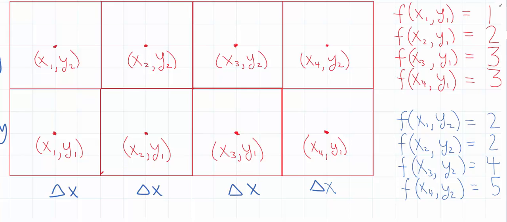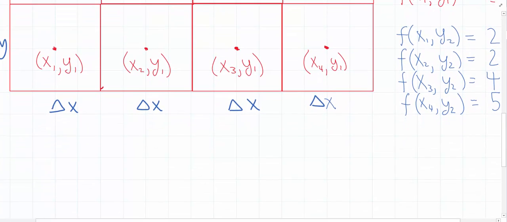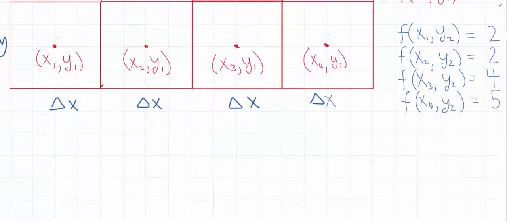So f of x1, y1 is equal to 1. f of x2, y2 is equal to 2, and so forth. Now, what I want to do is calculate the volume of each one of these prisms, and I'm going to use it as an approximation for the volume underneath that surface.